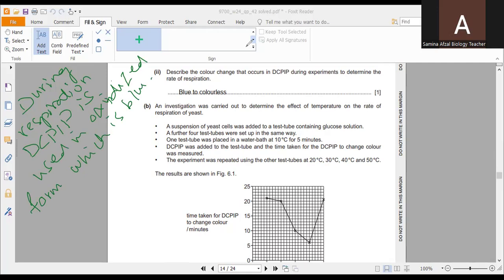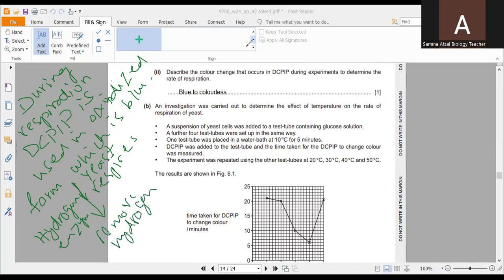So as yeast respires, the hydrogenase enzyme removes hydrogen ions and electrons from the transport chains.